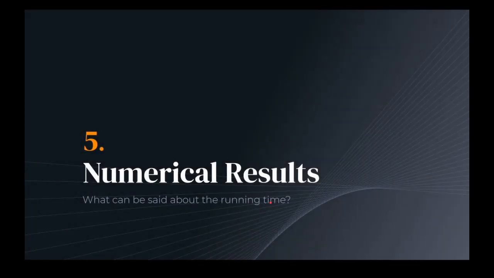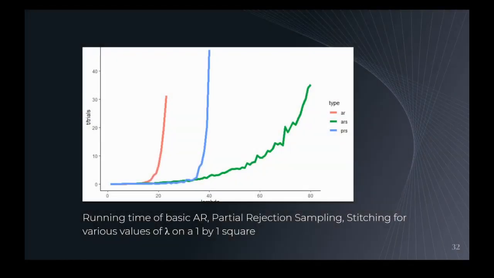So let's look at some numerical results. What did I find when I ran this algorithm? Well, this graph shows the running time for 3 different algorithms. In the red, we have just basic acceptance rejection. In the blue, we have the partial rejection sampling of Guo and Jerrum. And in green, we have the acceptance rejection with stitching, labeled ARS.